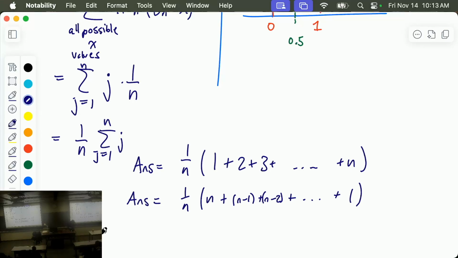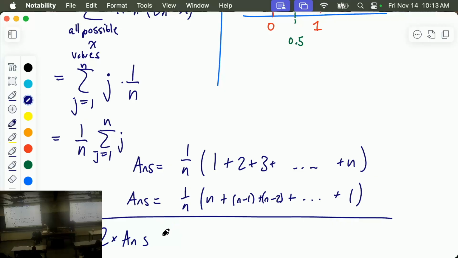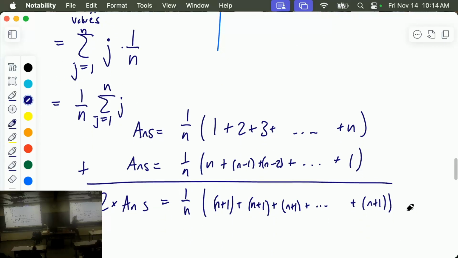two together. So 2 times the answer is what I get if I do this plus this, and that is equal to 1 over n times: 1 plus n is n plus 1. 2 plus n minus 1 is n plus 1. 3 plus n minus 2 is also n plus 1, and so on, all the way up to n plus 1. OK, so I have n plus 1 added n times, and there's a 1 over n here.